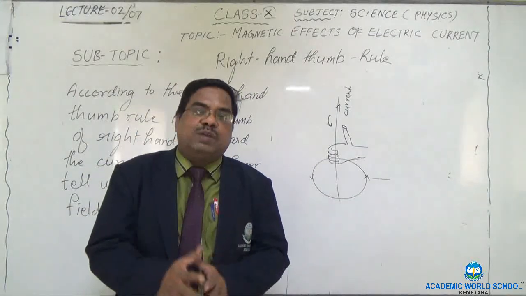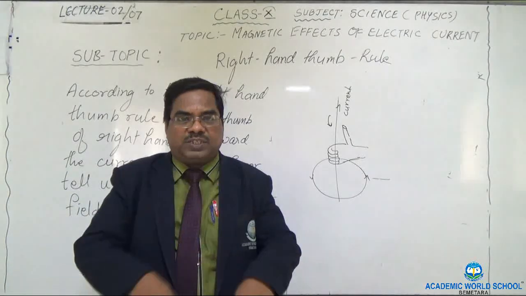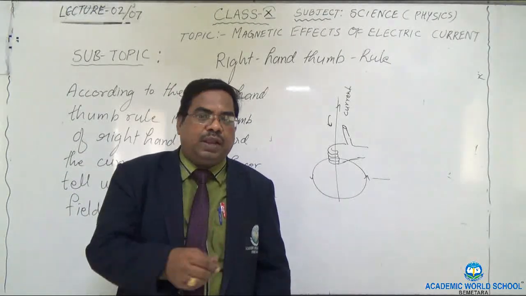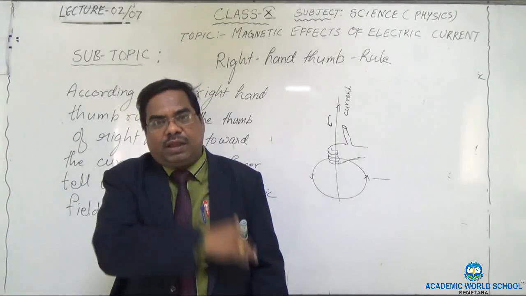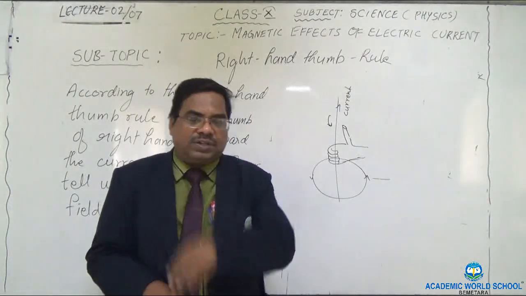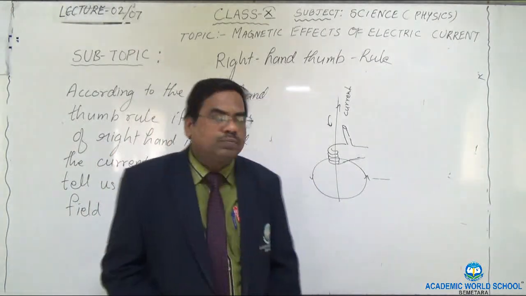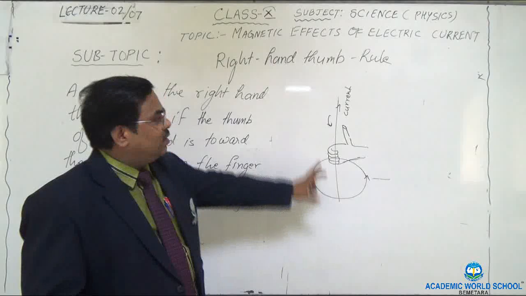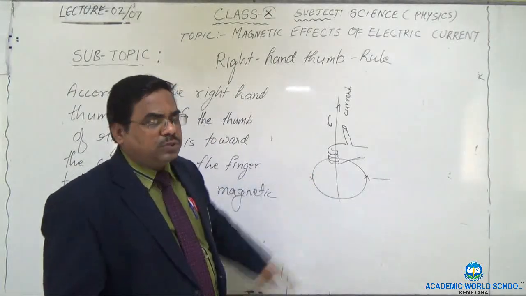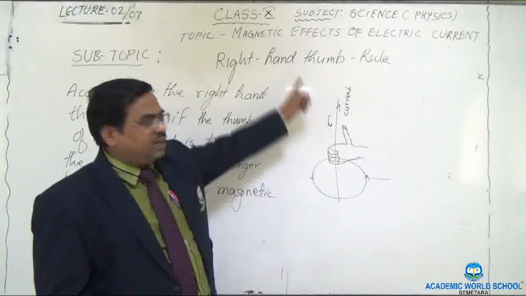The shape is determined by that square cardboard experiment. You sprinkle iron filings, and that shows you the shape of the magnetic field. And finally, the right hand thumb rule gives you the direction of the magnetic field line around a straight conductor.